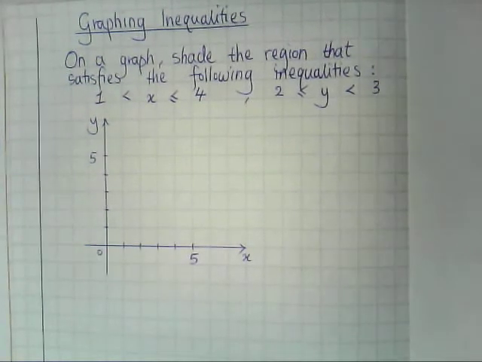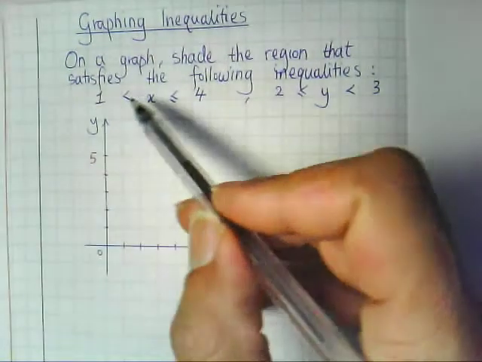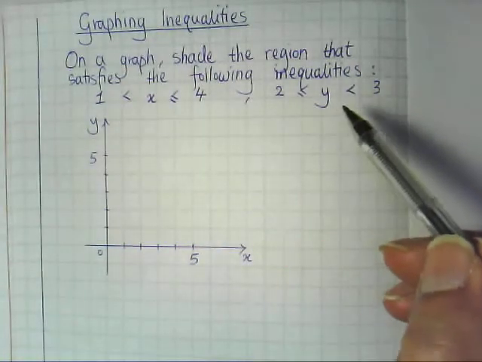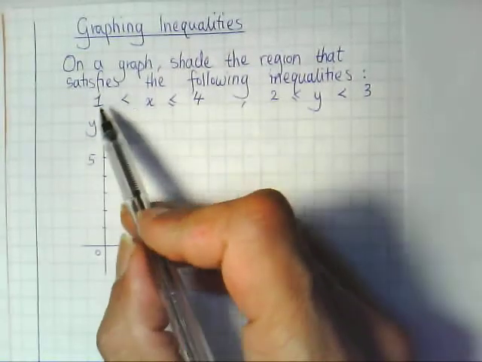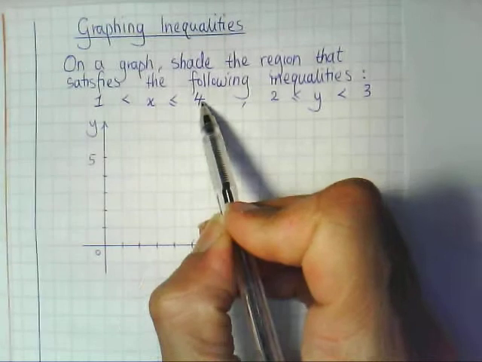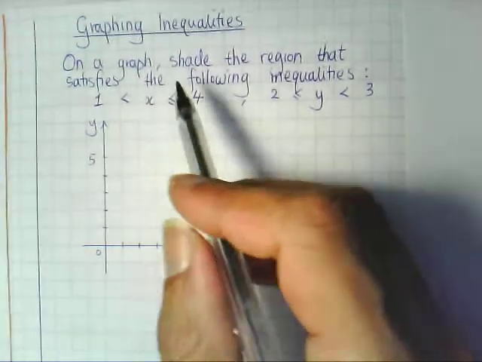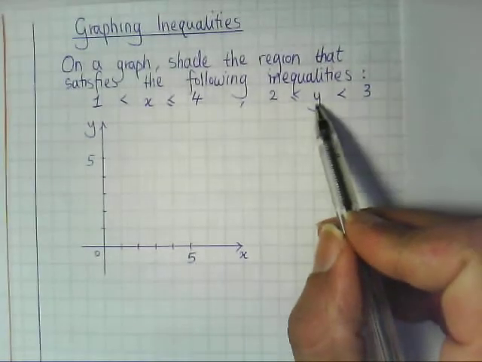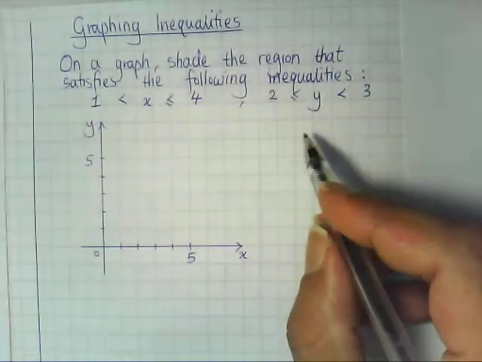In this question, we are asked on a graph to shade the region that satisfies the following inequalities. Now it's saying a region between 1 and 4 for x values, and a region between 2 and 3 for the y values.